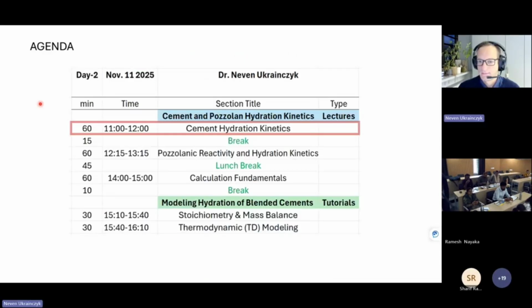Yes. So we will continue with cement hydration kinetics of the C3S, but the same theory you can apply to any kind of system. I use C3S because it's well known, so it's easy to understand.